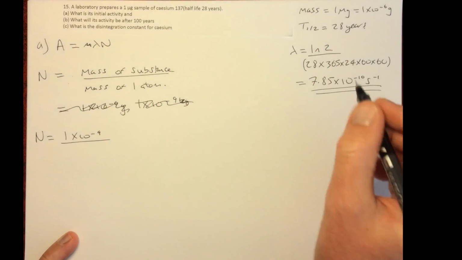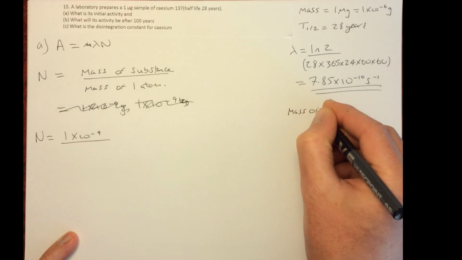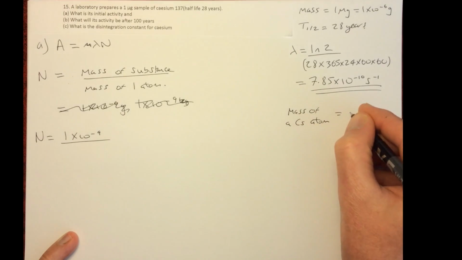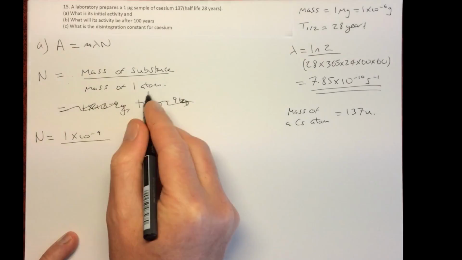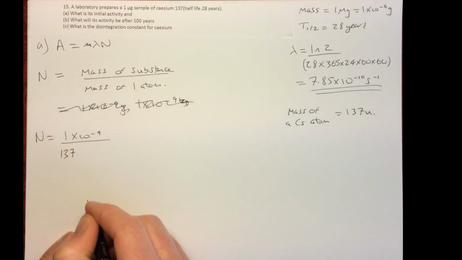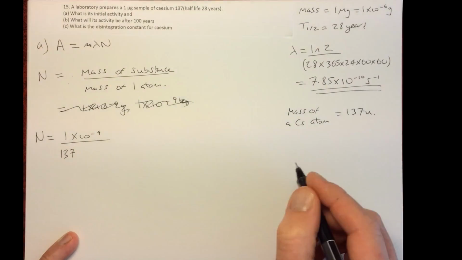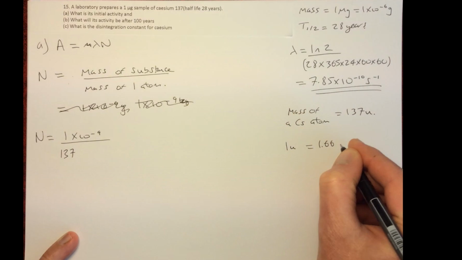We've said this before in a previous question. This 137 here tells us the mass of a cesium atom is equal to 137 unified atomic mass units. We want to convert that into kilograms, and remember, 1 u is equal to 1.66 times 10 to the minus 27 kilograms.